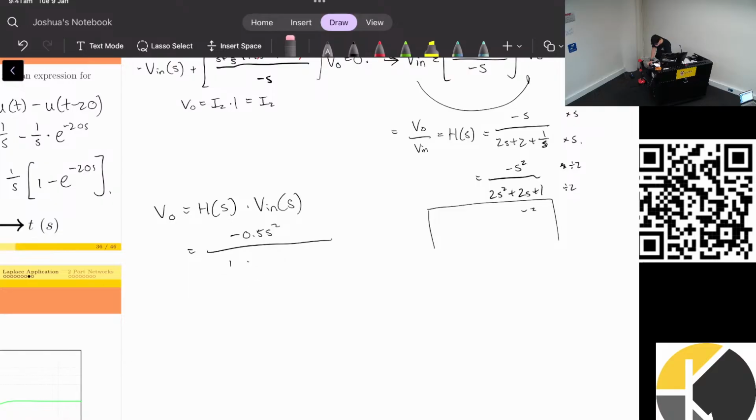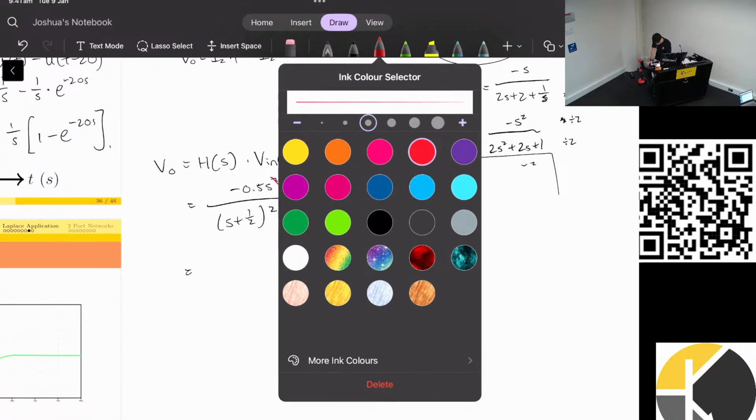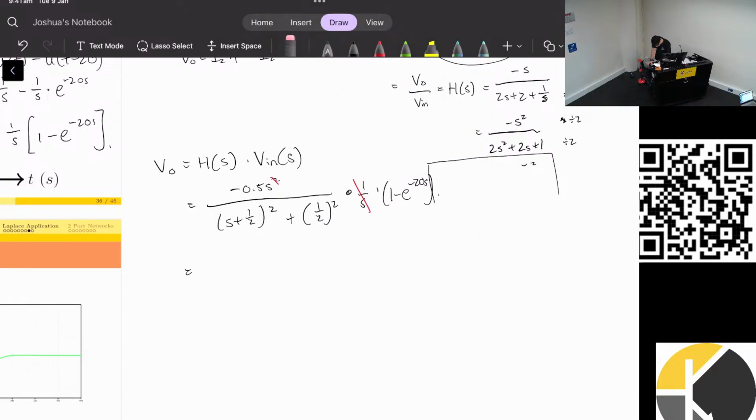Actually, I will put it in the form before that, that'll save us time. So I'll put it as minus 0.5 s squared over s plus a half squared plus a half squared, and we're timesing that by 1 on s, 1 minus e to the minus 20s. Great. One thing I can see is that this 1 on s will cancel out with one of the s squareds there. So now we just have a simplified equation, which is just these things timesing together.